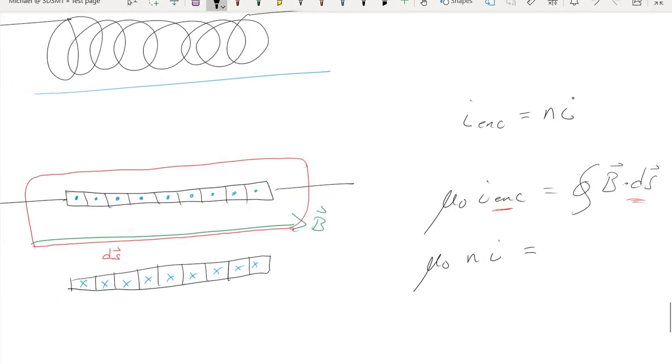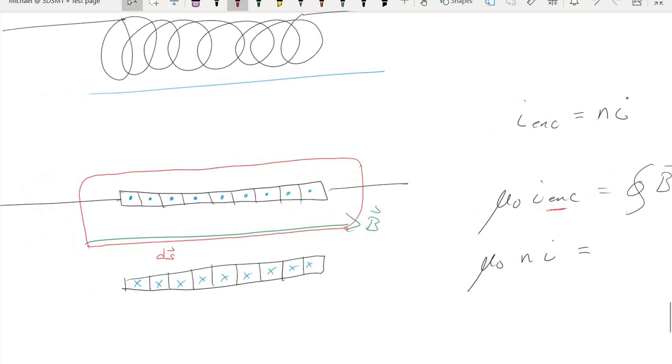Now we need to take care of the dot product between our magnetic field line and our displacement vector. Really the only place that we need to concern ourselves with is where the magnetic field is traveling, and that's through the center of this coil.